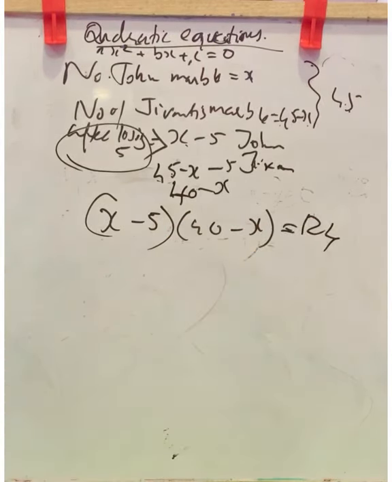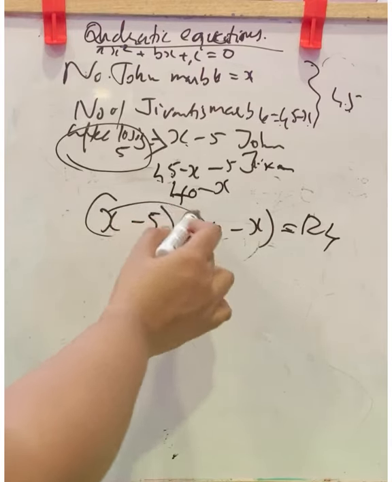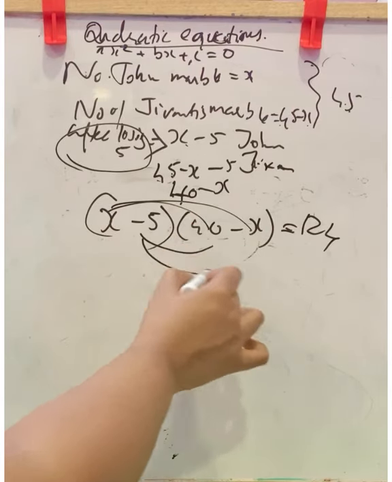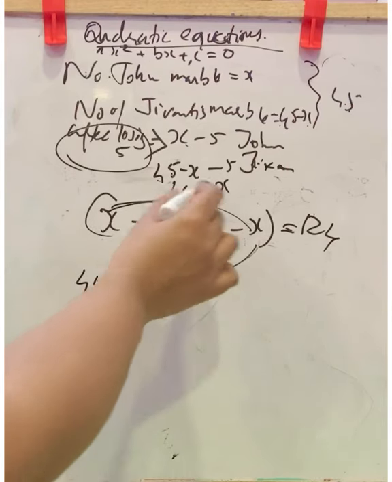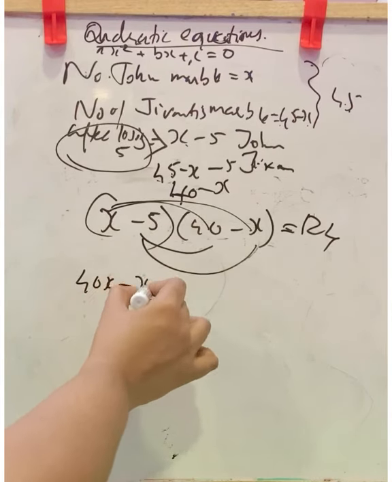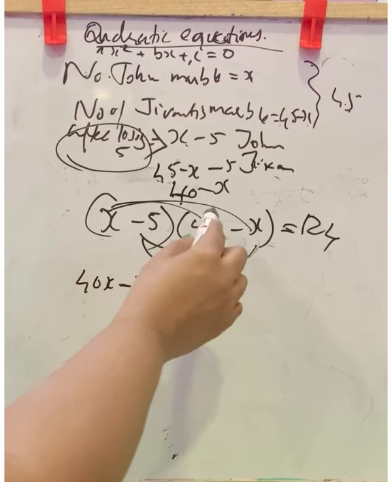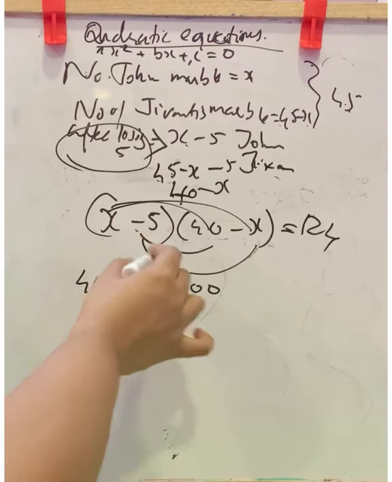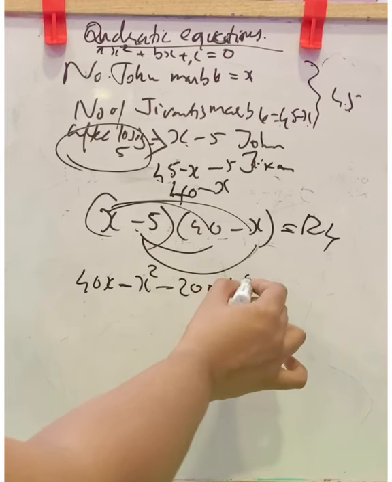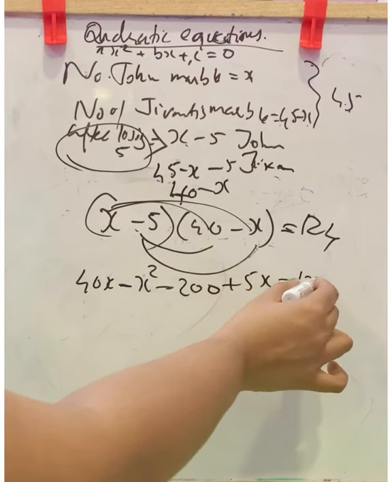Now you have to solve this. First you will distribute these brackets. That is x into 40 is 40x. X into minus x, minus x square. Minus 5 into 40 is minus 200. Minus 5 into minus x, plus 5x equal to 124.